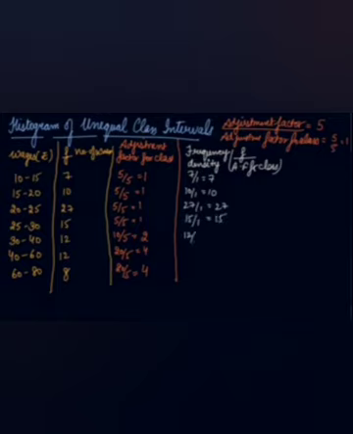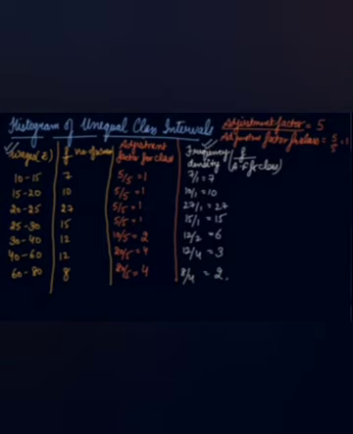Then 12 divided by 2 is 6. 12 divided by 4 is 3. 8 divided by 4 is 2. So while making the histogram of unequal class intervals, we will take these class intervals and the frequency density on the histogram.